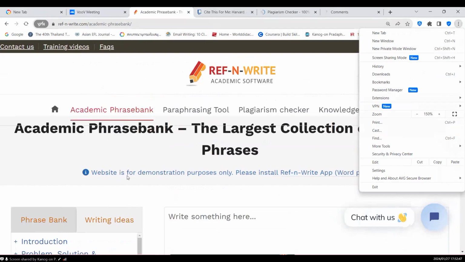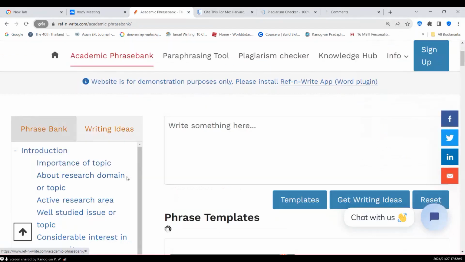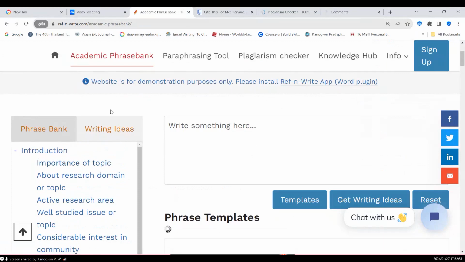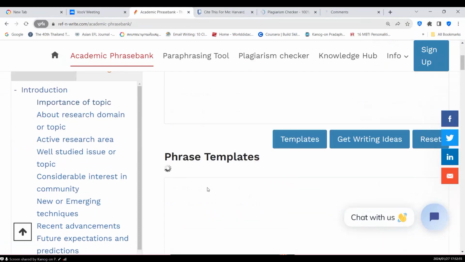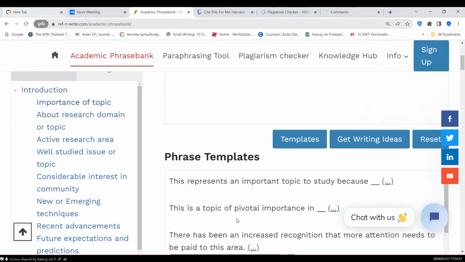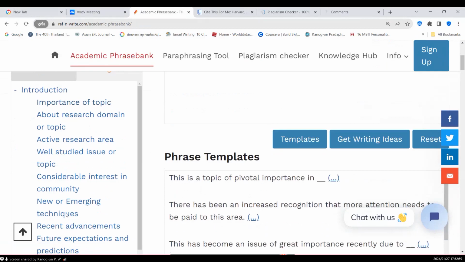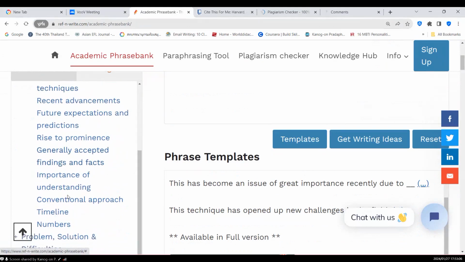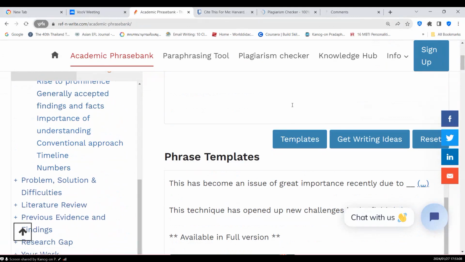You can go through the importance of the topic, as you mentioned here, which will show what kind of phrases you can use in your introduction. If you are not really good in English and you don't know what to write, you might come to this to check.